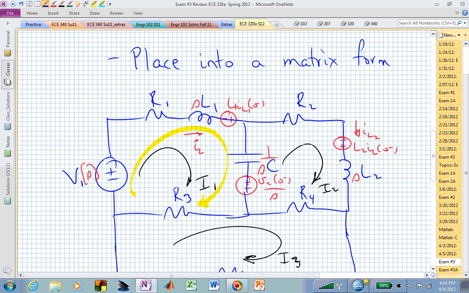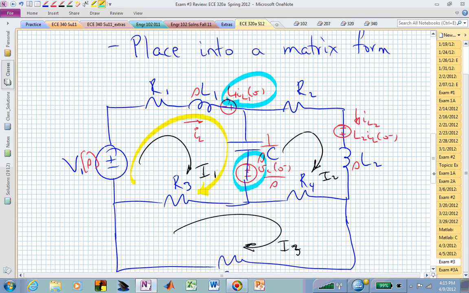Then the initial condition associated with the inductor, how does that come in? That's also positive. And this particular initial condition term would come in with a minus sign, because if you increased it, it would impede I1, or it would essentially be trying to reduce I1 in the positive sense.